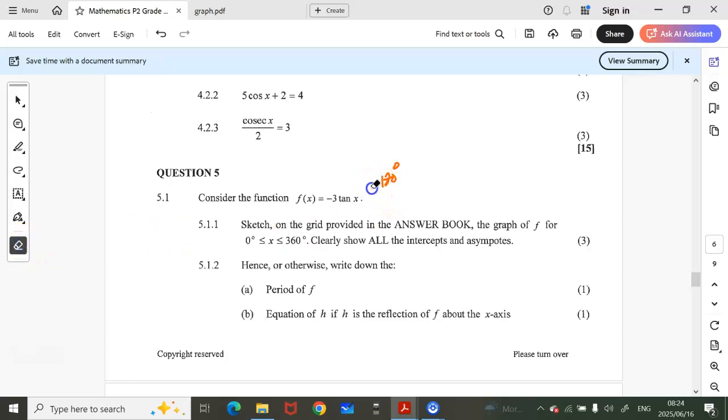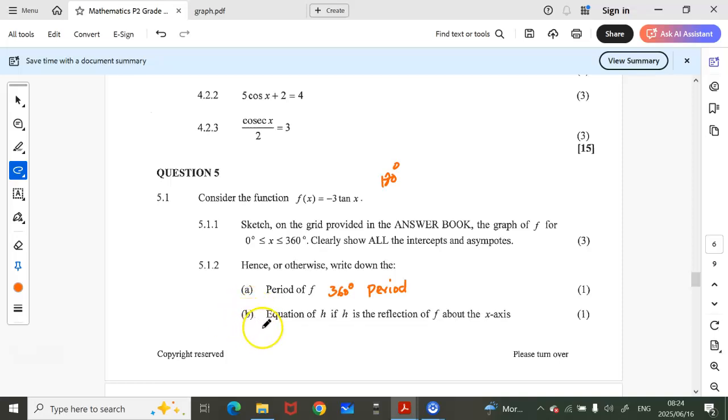And now we are considering 360 degrees as our period. So the period is 360 degrees.